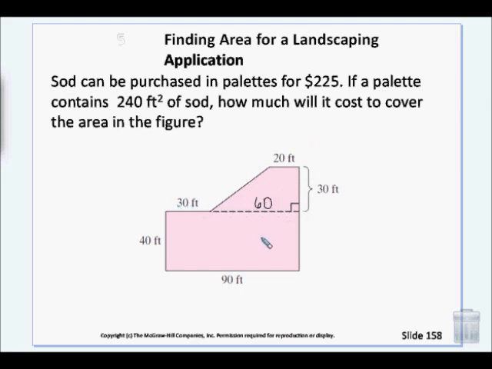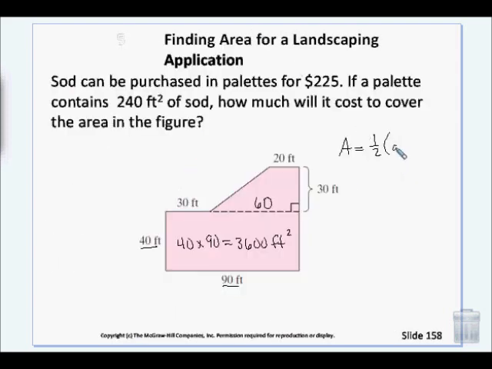60, right? So the area of my rectangle is 40 times 90. Okay, so that's the area of the rectangle. Now the area of a trapezoid is 1/2 of base 1 plus base 2, or, oh, sorry.